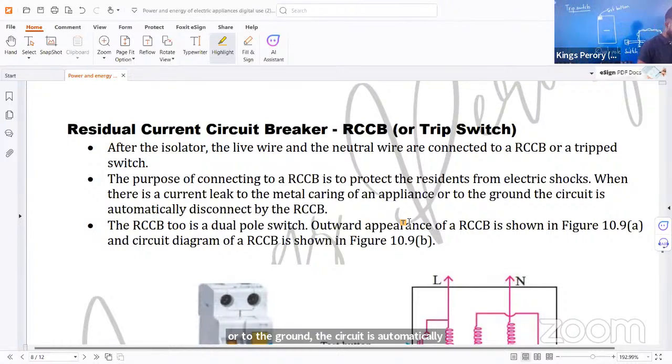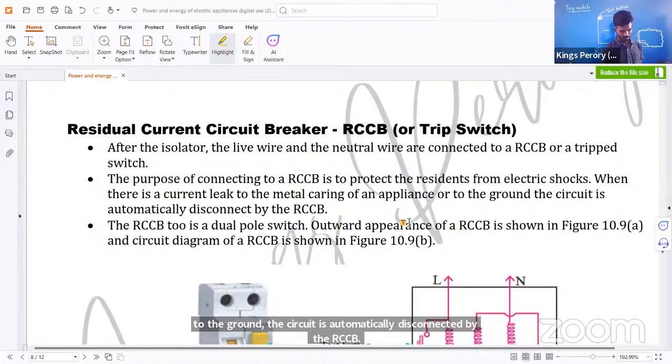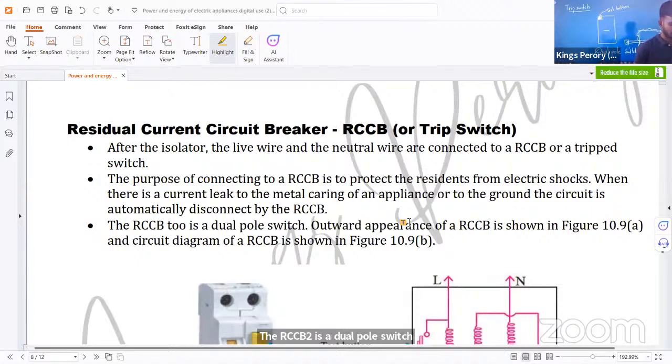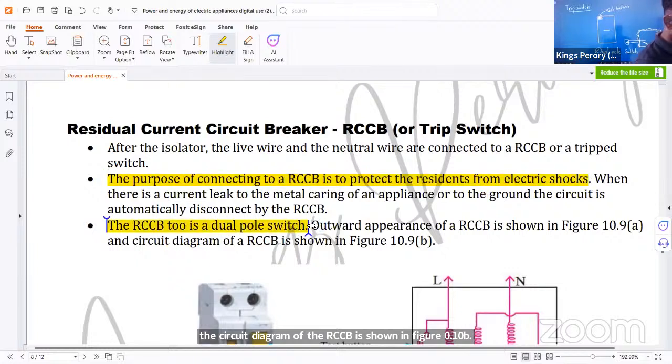The RCCB is a dual pole switch. The outward appearance of an RCCB is shown in figure 10.9 and the circuit diagram of an RCCB is shown in figure 10b. Right. Please underline or highlight: the purpose of connecting an RCCB is to protect the residents from electric shocks. RCCB is also a dual pole switch. Thank you, Tanish.